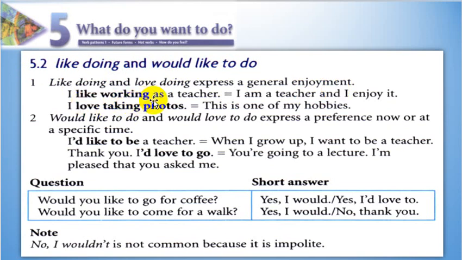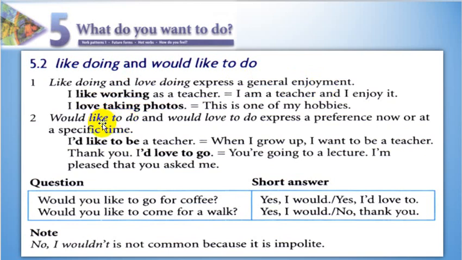I like working as a teacher. I'm a teacher and I enjoy it. I love taking photos. This is one of my hobbies. So, using the form like plus verb with ing form or love plus verb with ing form expresses general enjoyment.